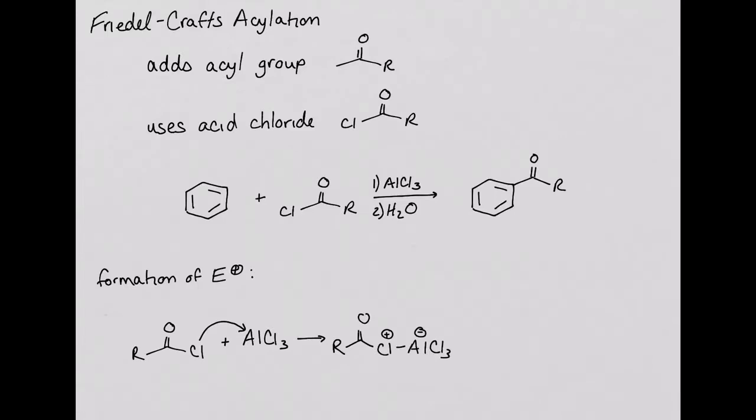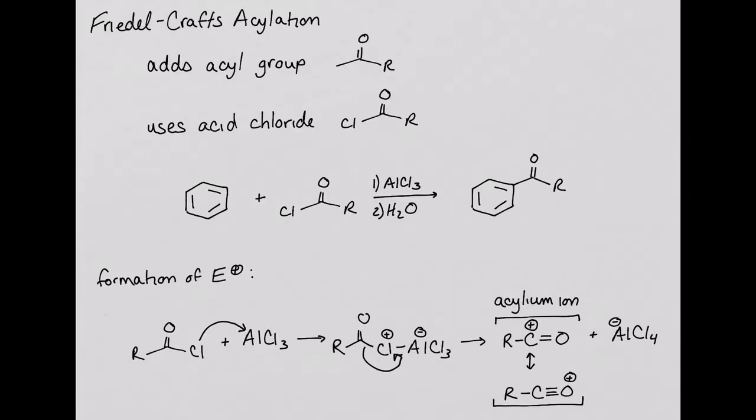Next, the chloride leaves the acyl group to form AlCl4- and the acylium ion, which is resonance stabilized. Because this carbocation is resonance stabilized, there is little chance of rearrangement, because it is unlikely that a more stable carbocation can be accessed through such a rearrangement.